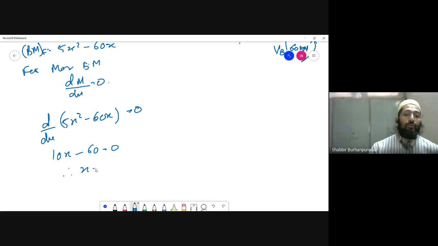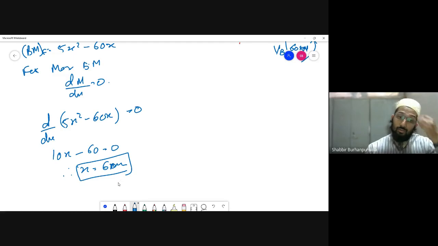Therefore x is equals to 6 meters. We're getting the answer, x is equals to 6 meters.